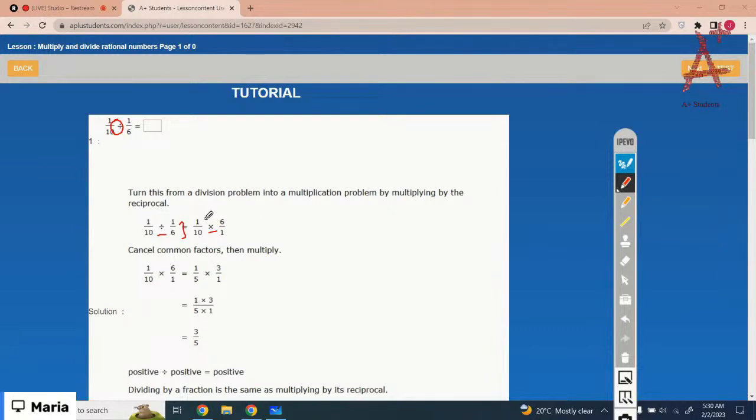Then just multiply numerator times numerator and denominator times denominator. So we have a common factor, that is 2. Just divide them by 2. It would be then 3 over 5. Got it? So dividing by a fraction is the same as multiplying by its reciprocal. Got it?